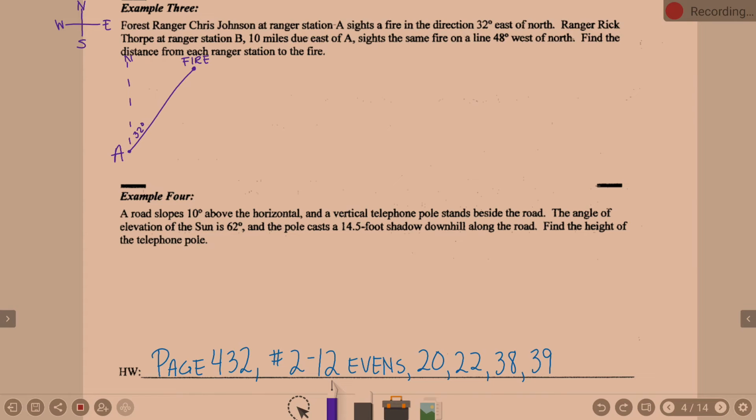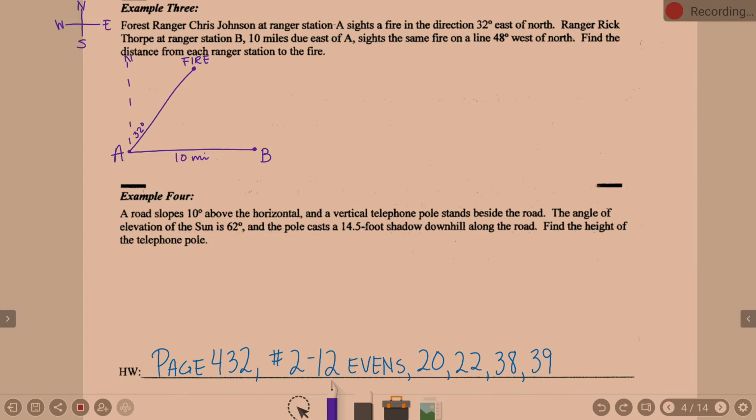Now, Ranger Rick Thorpe at Ranger Station B, which is 10 miles due east of A. So where is Ranger Station B? 10 miles due east. We hadn't even talked about Station B yet.